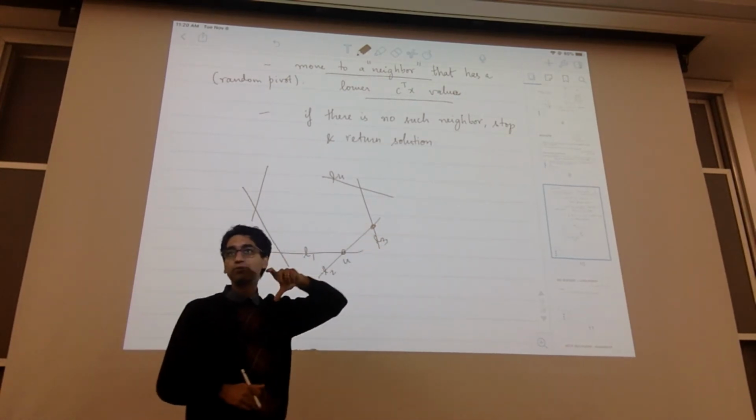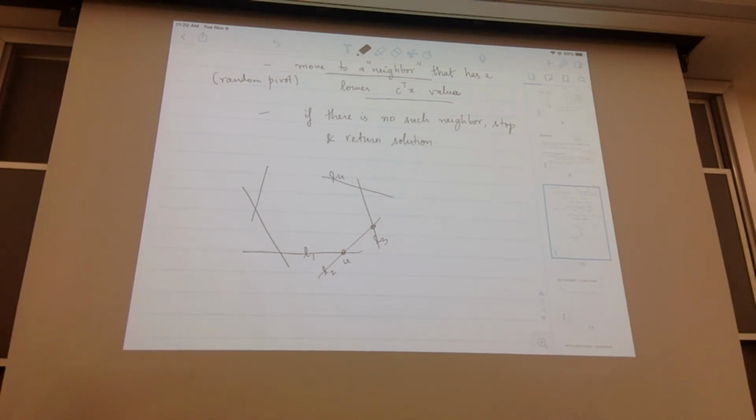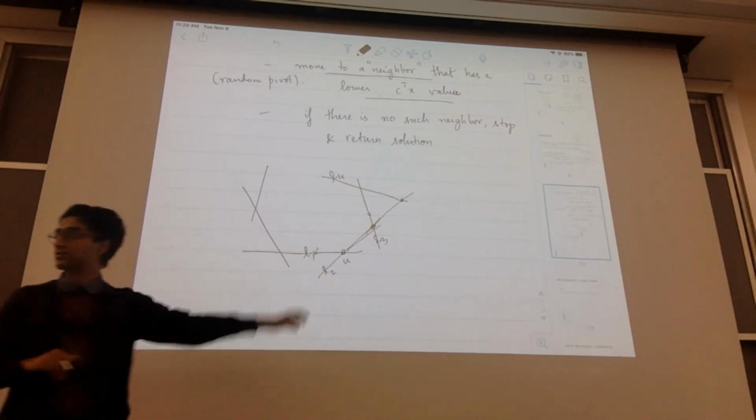So L2 is common. I'm in some sense removing L1 and adding L3, and that would give me the next one. I could have kept L2 and tried L4 as well, that would give me this point. This point is not feasible, because it does not satisfy the equation for L3.